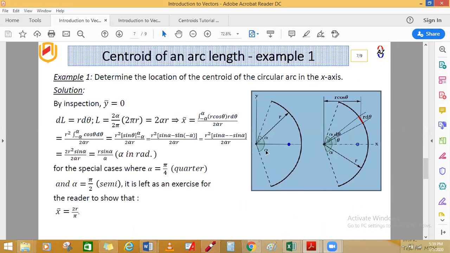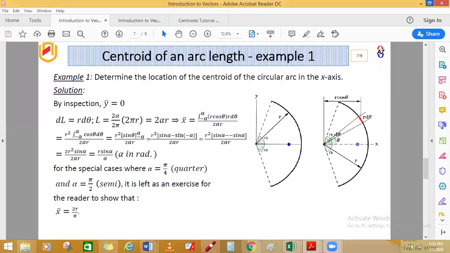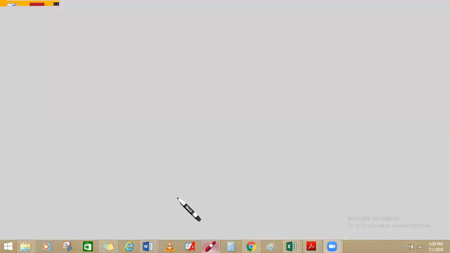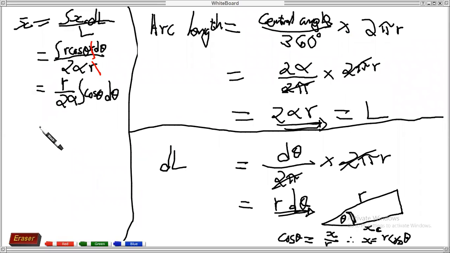Because these two angles are the same, this alpha and alpha on this side. If you look at it in terms of the quadrants, this side will be negative alpha and this will be positive alpha. So it's going from negative alpha to positive alpha like that. So integrate this from minus alpha to positive alpha.